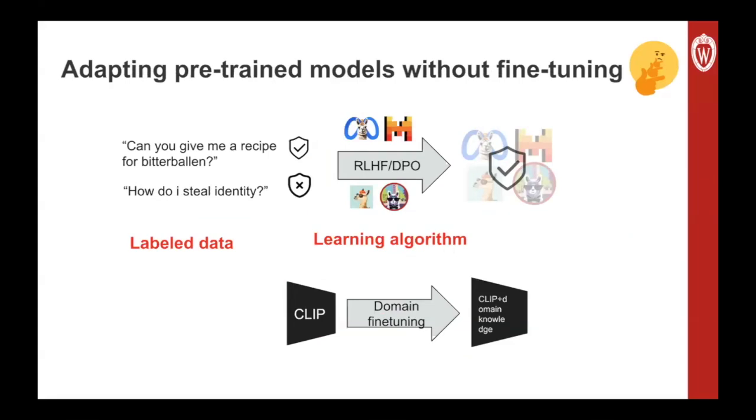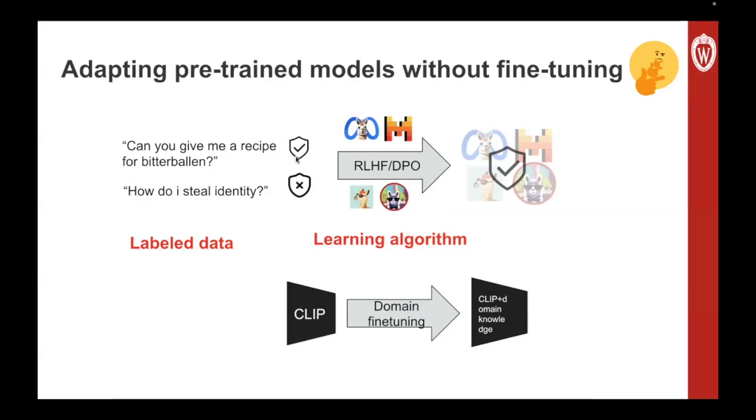So first, let's break down what components fine-tuning needs, and then let's see if we can find a cheaper replacement for these components. For fine-tuning, most often than not, we need labeled data. For example, in aligning LLMs to make them more safe, we need data that annotates whether a question or a response is safe or not.